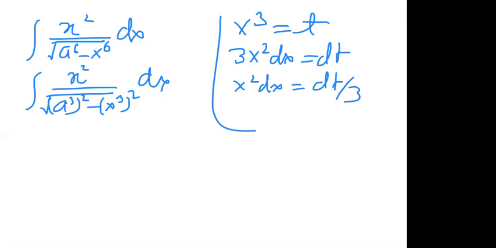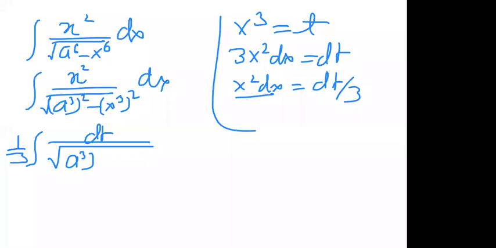So now x square dx can be written as dt by 3 under root a cube to whole square minus t square. Now we can compare it with the identity.